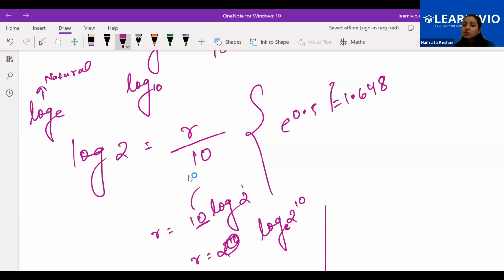So here, since e to the power 0.5 is given, that means we will be taking base e. Okay, let me write e to the power 5 by 10, e to the power 1 by 2 we can write.